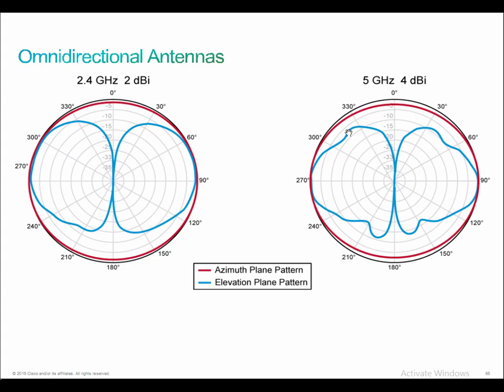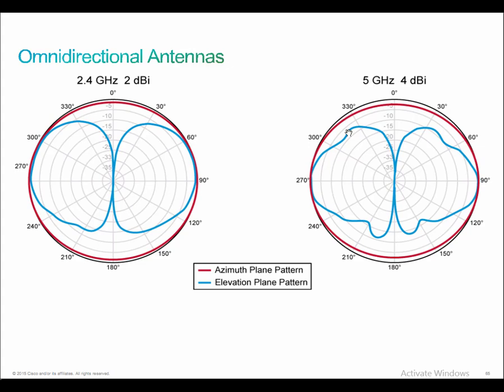It depends on where you are in that bubble. If you were to place yourself directly above the antenna, you would get very low or minimal signal strength. As you move away from the antenna, the patterns expand like a donut in multiple directions, so you might be able to get some signal above and below the access point.